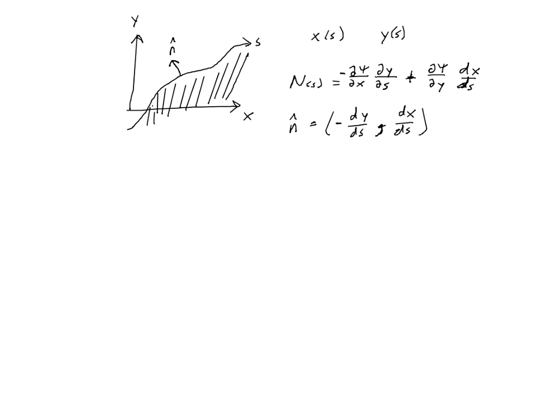What this means is that if you look at this unit normal here, it's pointing in the negative x direction with however y changes with respect to s. And it's pointing in the y direction as x changes with respect to s. Does that make sense?